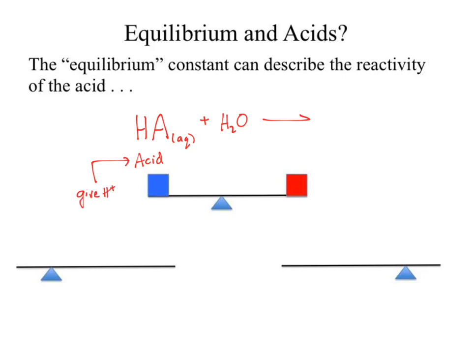Give H+. So if we're now going to look at HA on the product side, it can no longer have H+. So what would be drawn? If I get rid of H+, what do I have left? A. Why A minus?